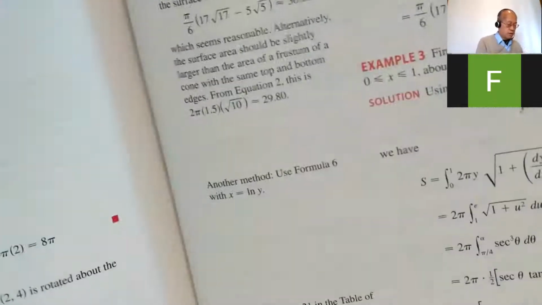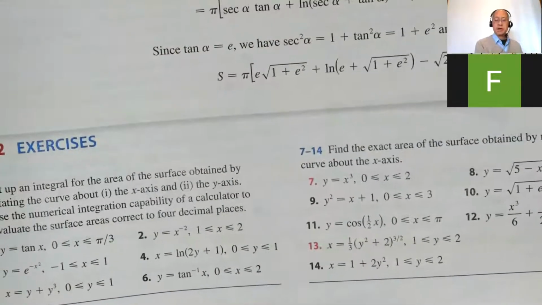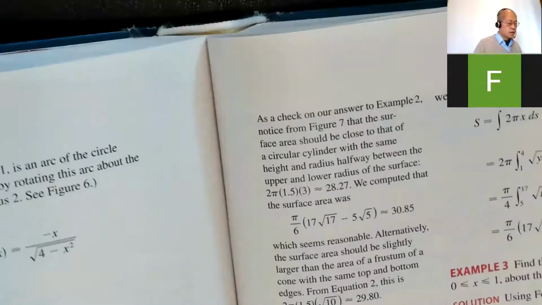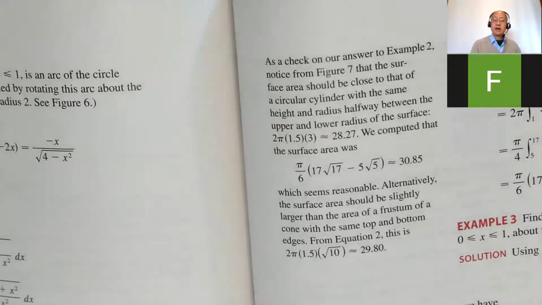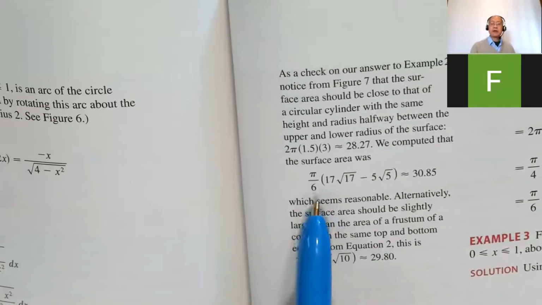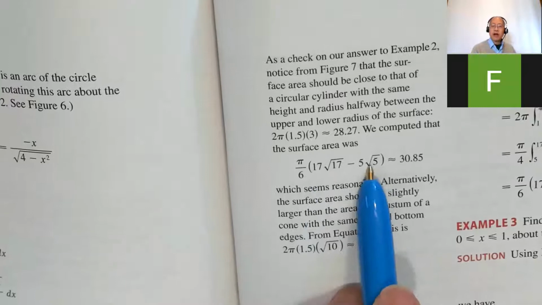All right, so let me see if I can get through one problem. 8.2, number 7, first one. Y equals x cubed between 0 and 2. And by the way, notice the form of the answer: 17 radical 17, 5 radical 5.